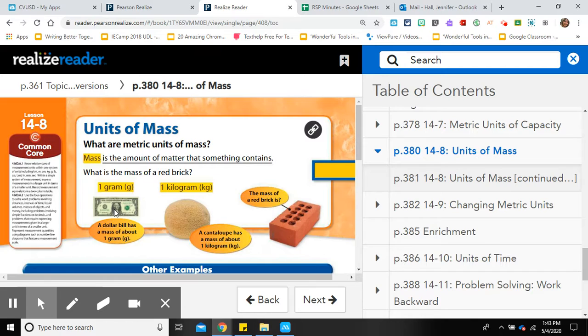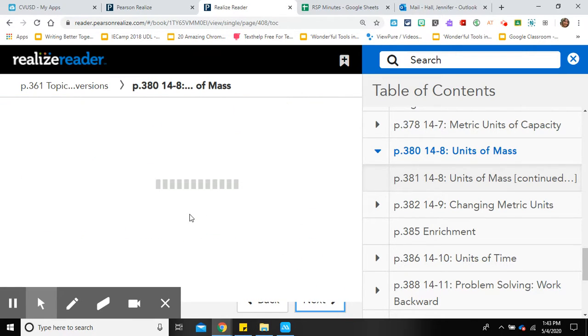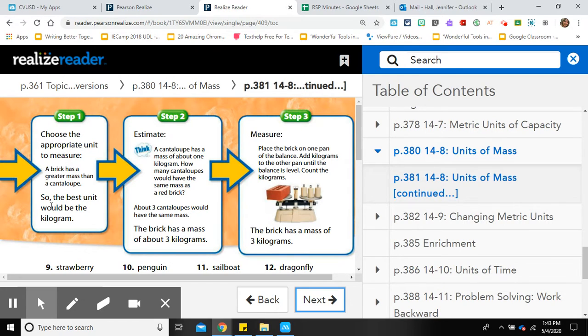1 kilogram would be about the weight of a cantaloupe, so a little bit heavier. A brick is even heavier than a kilogram, right? They're saying that a brick would be about 3 kilograms.